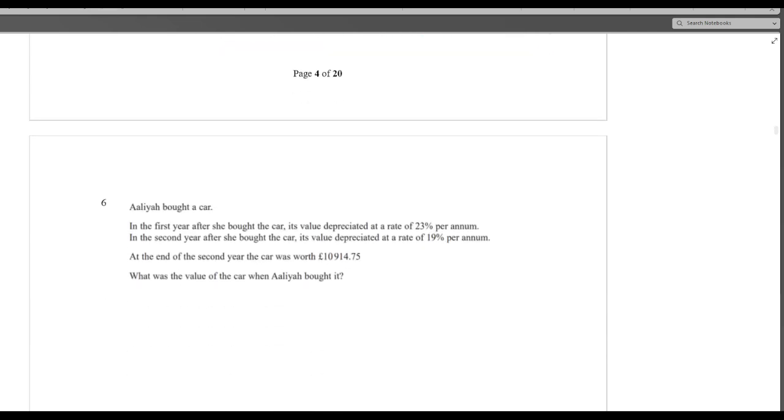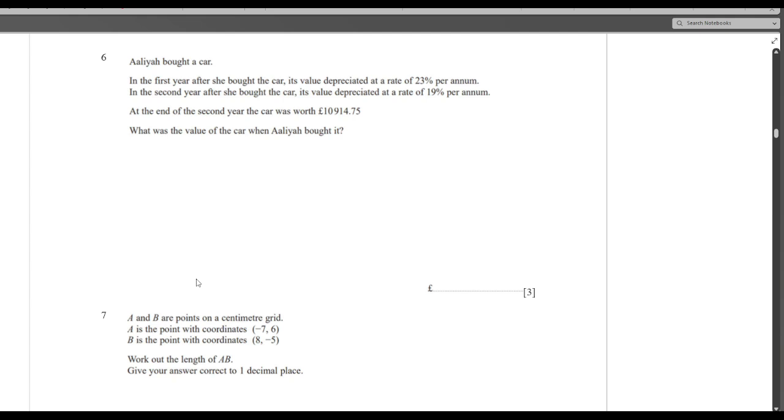Okay. Now, sixth question. Alia bought a car. In the first year after she bought the car, its value depreciated at a rate of 23% per annum. In the second year, its value depreciated at a rate of 19% per annum. At the end of the second year, the car is worth 10,914.75. What was the value of the car when Alia bought it? Let us consider the value of the car is x.